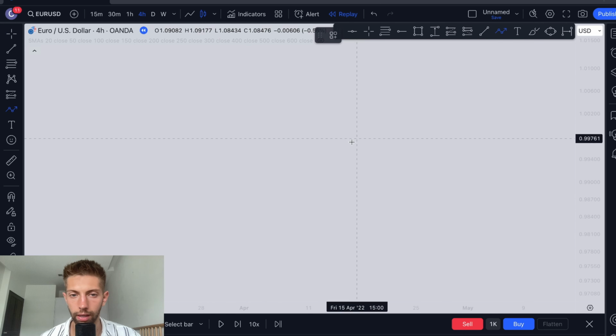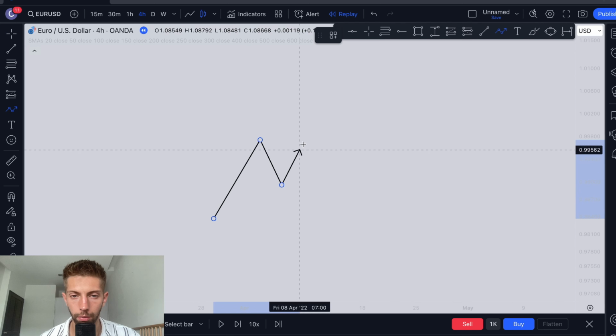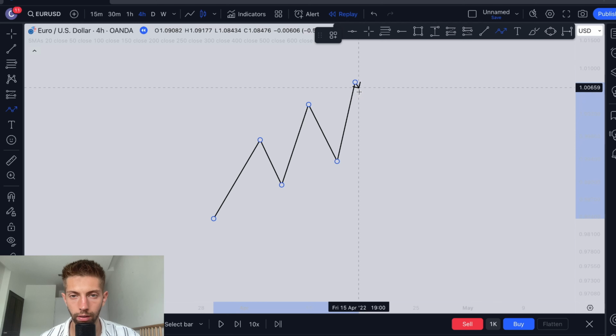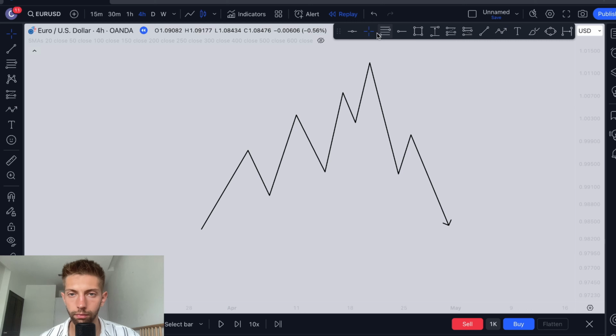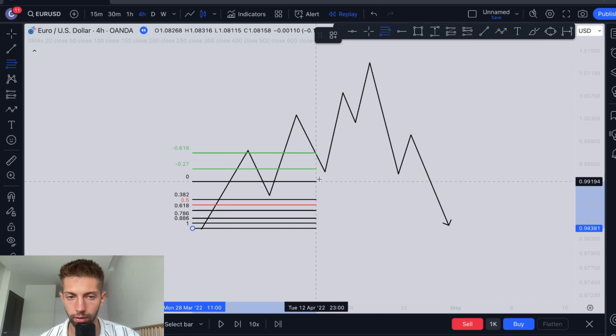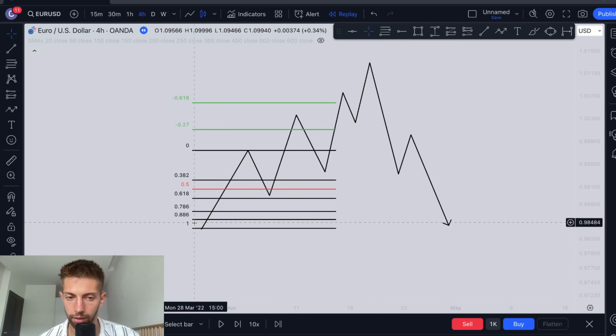So let's say we got price doing this, I will draw Fibonacci like this, from the lower high to the higher high.